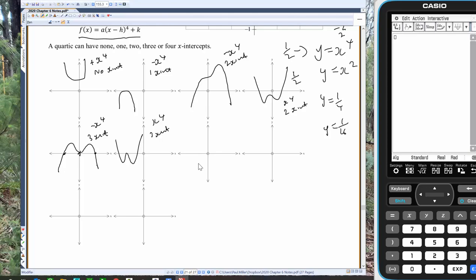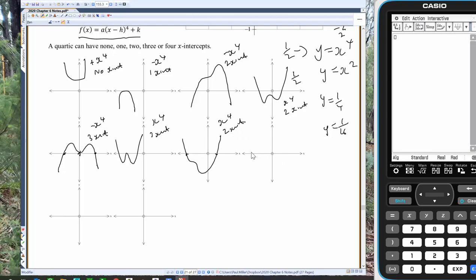What else can we get? How else can we get a 2 x-intercept? Just trying to think of another way we can get it. Inflection, like that. So there's an x to the 4, 2 x-int.